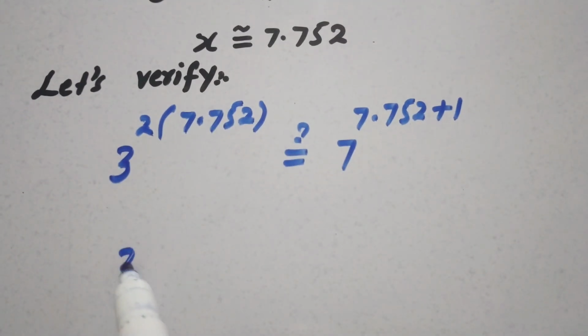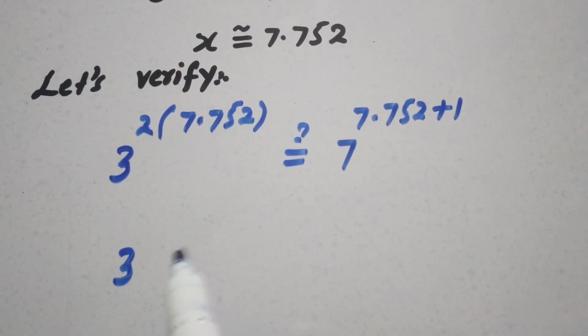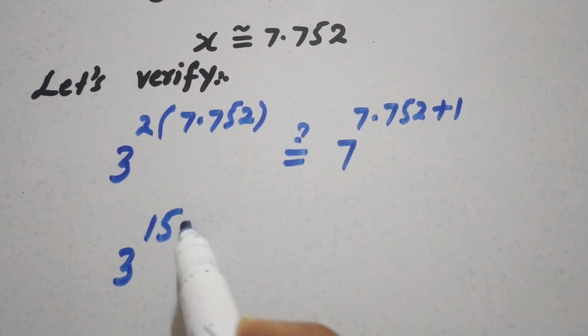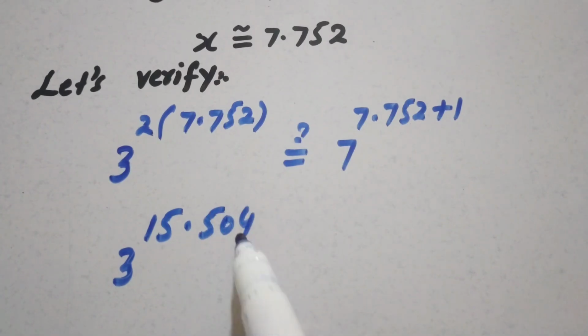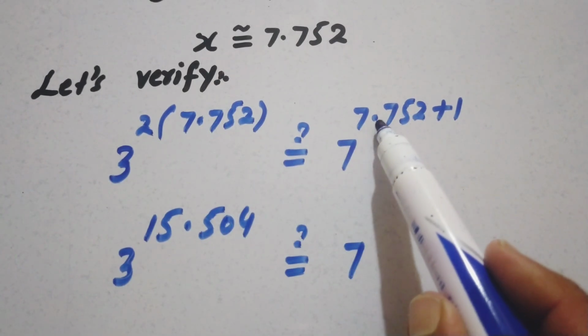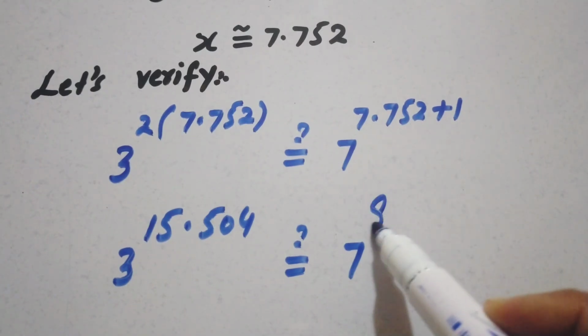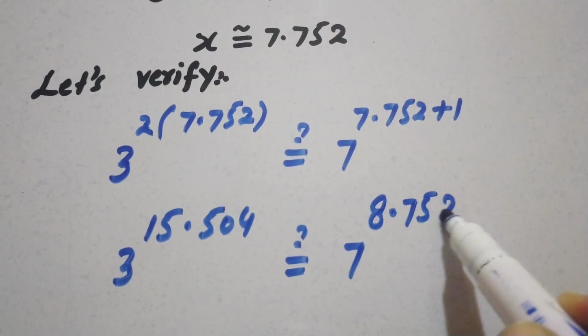So now 3 power 2 multiplied by 7.752, this is 15.504. And at the right hand side we have 7 power 7.752 plus 1, so this will become 8.752.